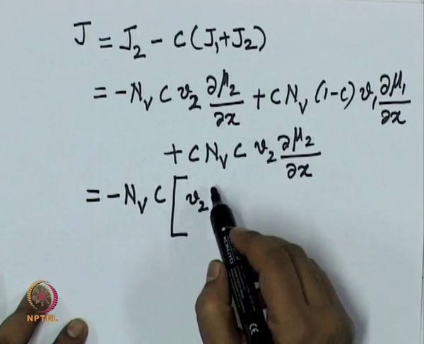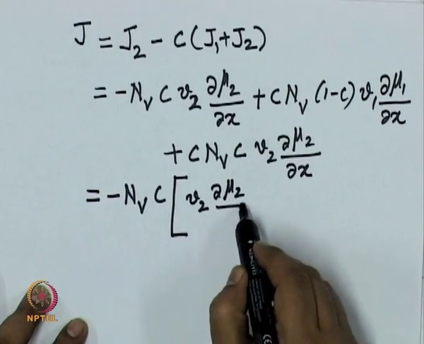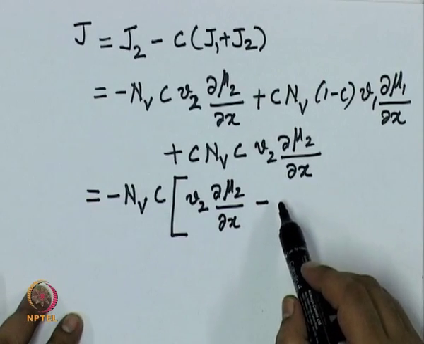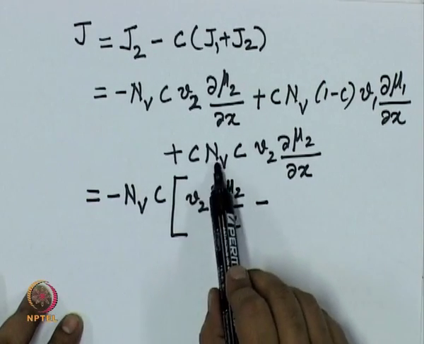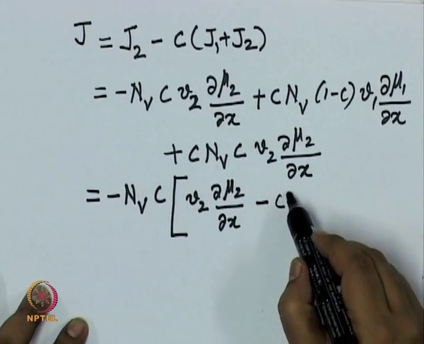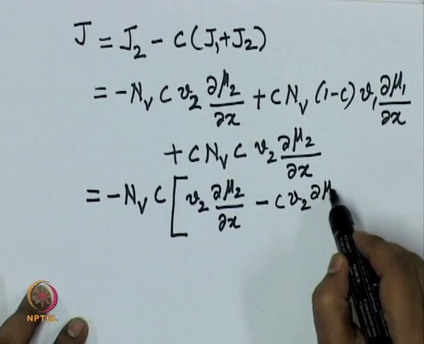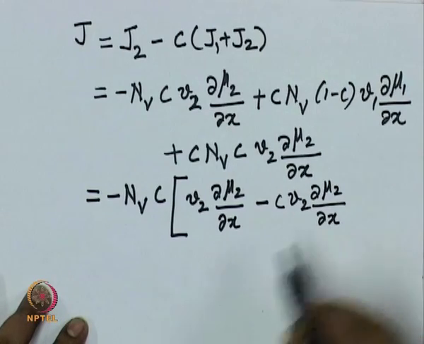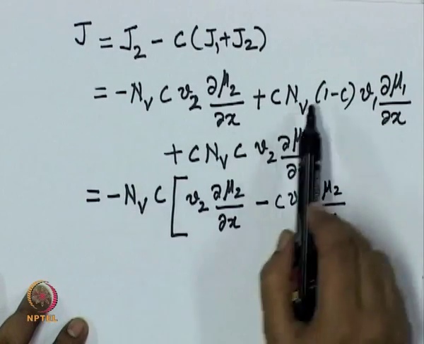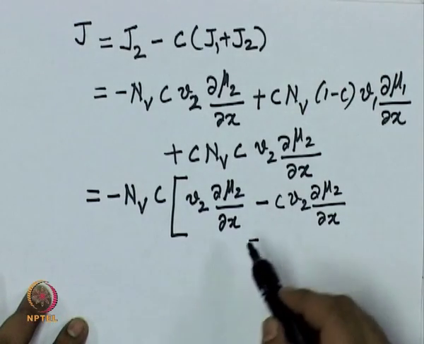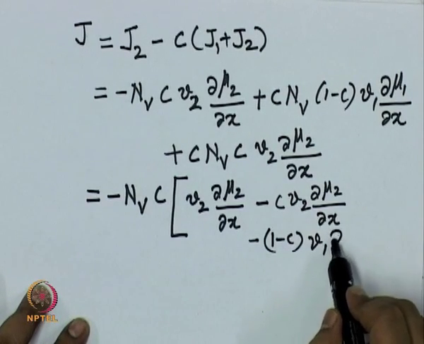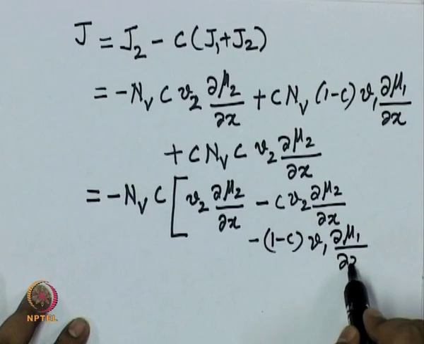I get V2 dou mu 2 by dou x minus C times V2 times dou mu 2 by dou x, and from here if I pull C and V, I will get minus 1 minus C times V1 times dou mu 1 by dou x.